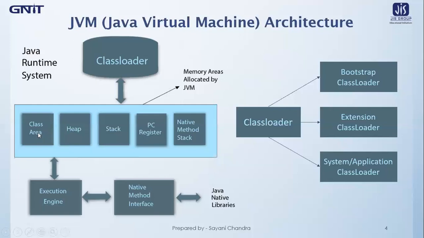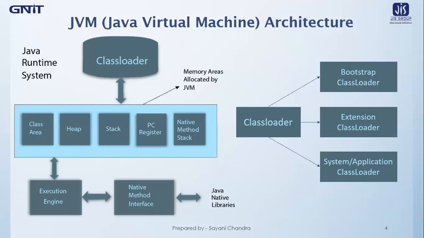The first one is class area or method area. This stores per class structures such as runtime constant pool, field and method data, the code for methods. The next one is heap. It is the runtime data area in which the objects are allocated. So we have told multiple times that whenever we want to create some objects of some classes, we have to allocate some memory.